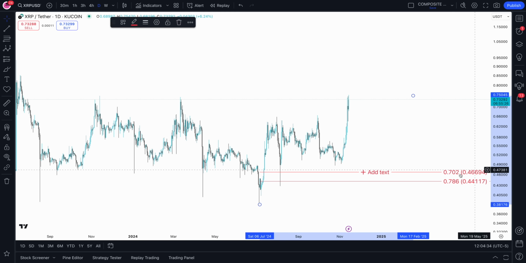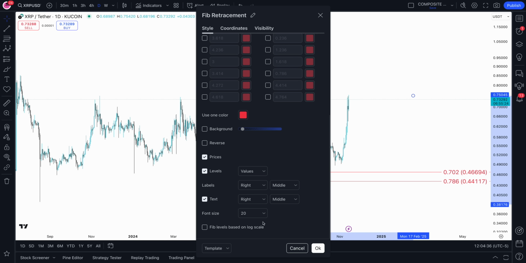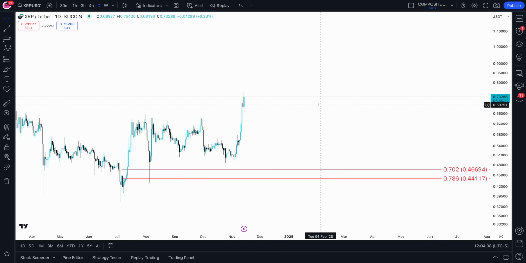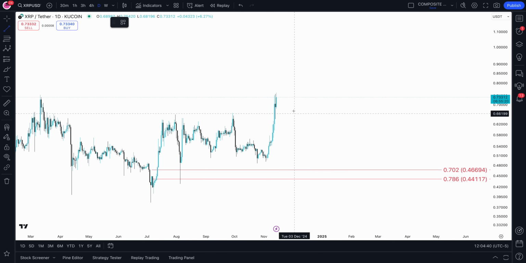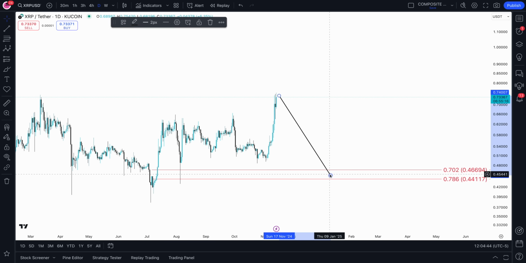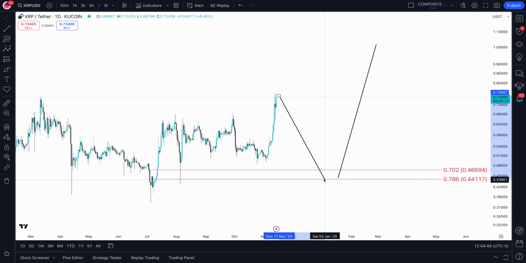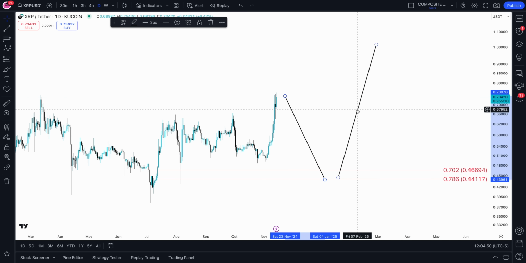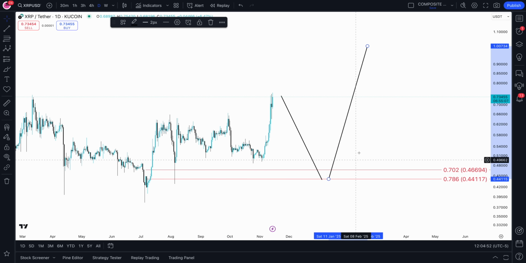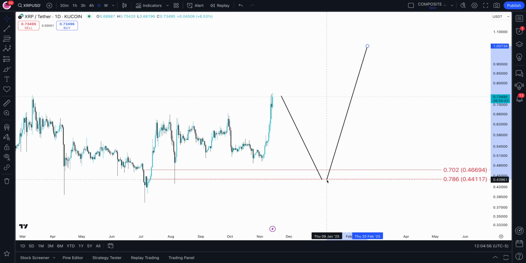It'd be something like this. And then we would see the pop off from there. Right. But certain criteria needs to be fulfilled in order for this move to occur. Remember that.